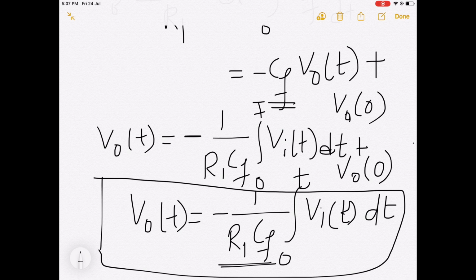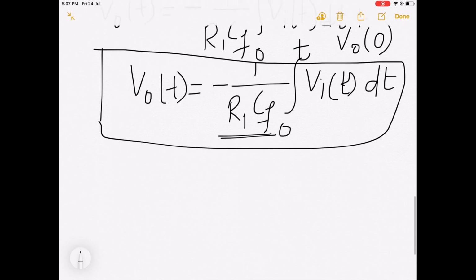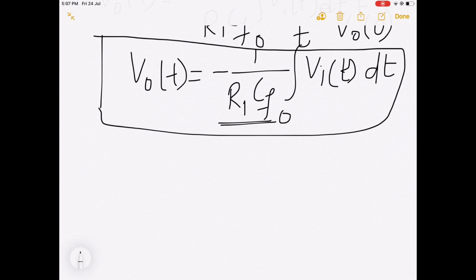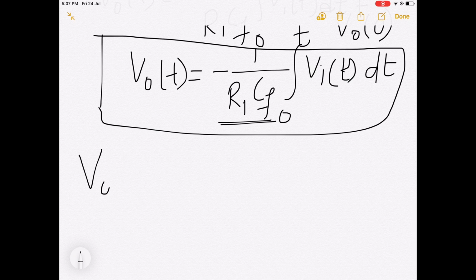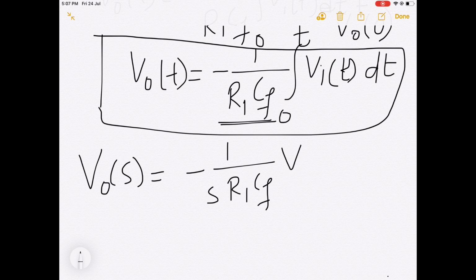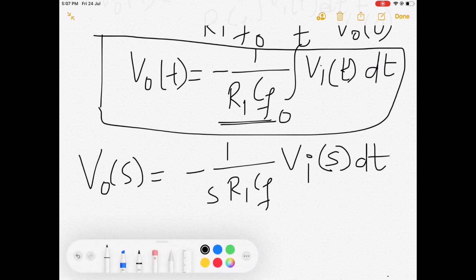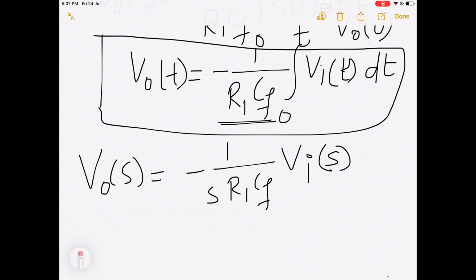Okay. So if we go to the frequency domain, what will the equation be? The same equation can be written as Vo of s equal to minus 1 upon s R1 Cf Vi of s, because this is in the frequency domain.